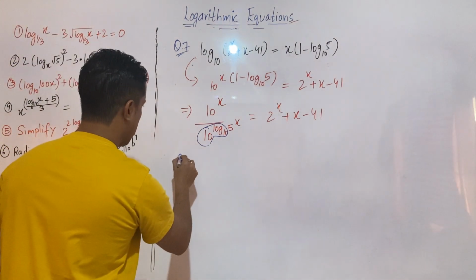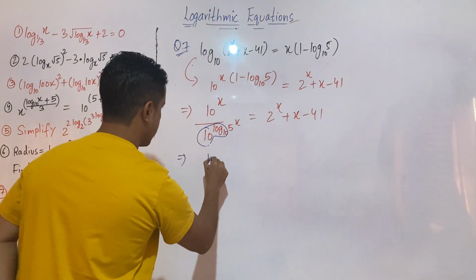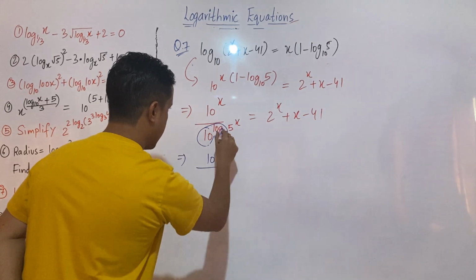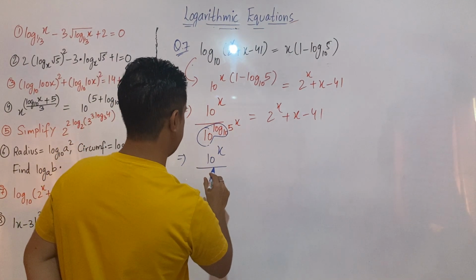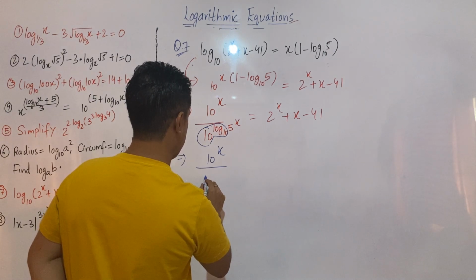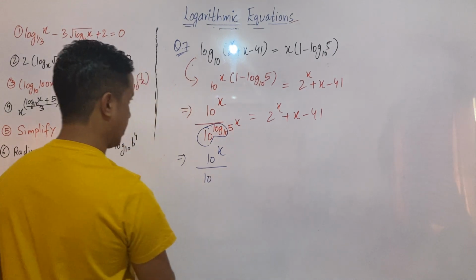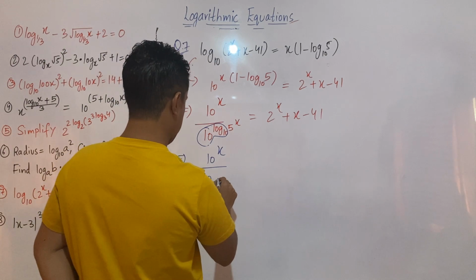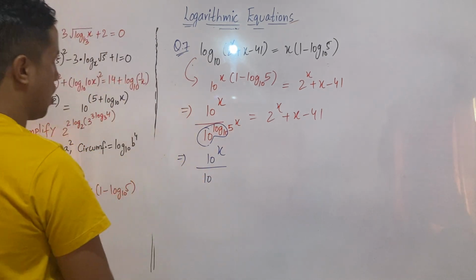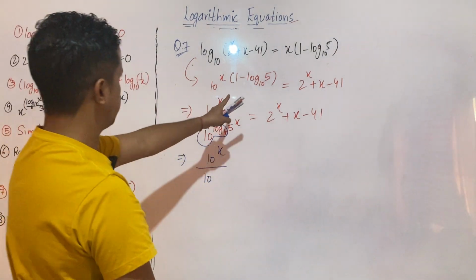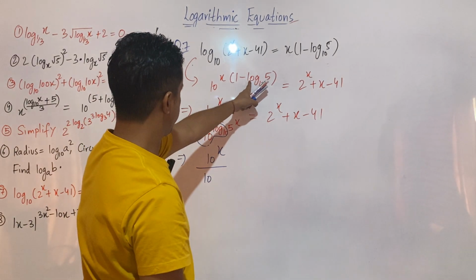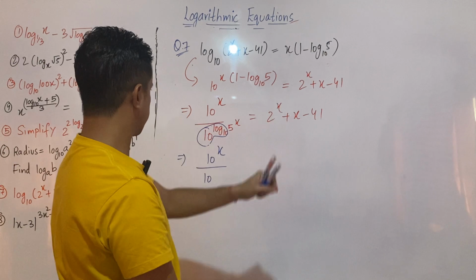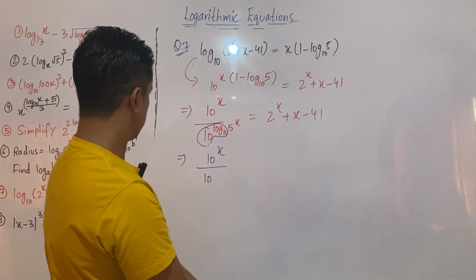So here 10 raised to power x, and this thing is going to be 10, and here x minus 5 raised to x.